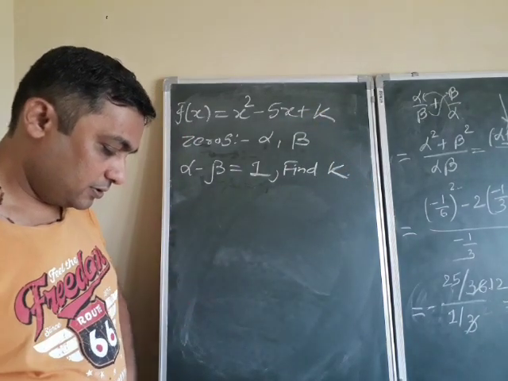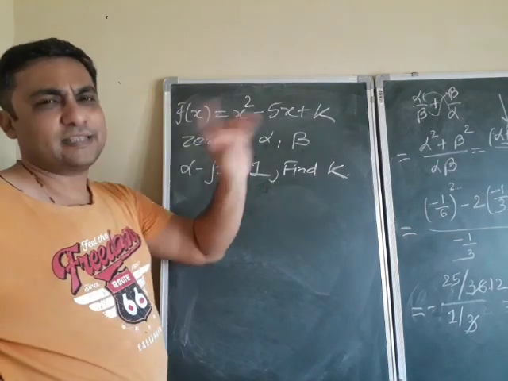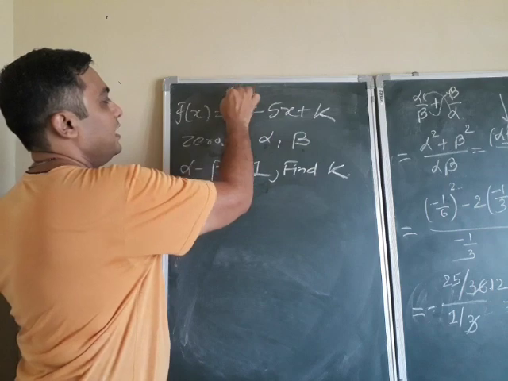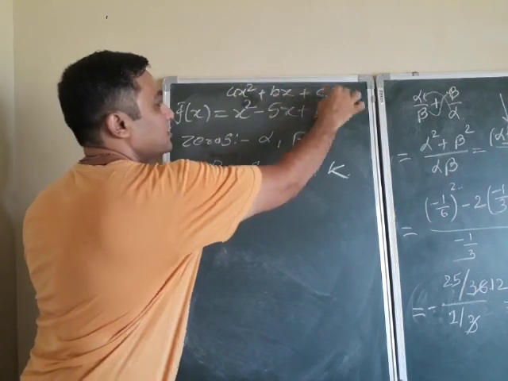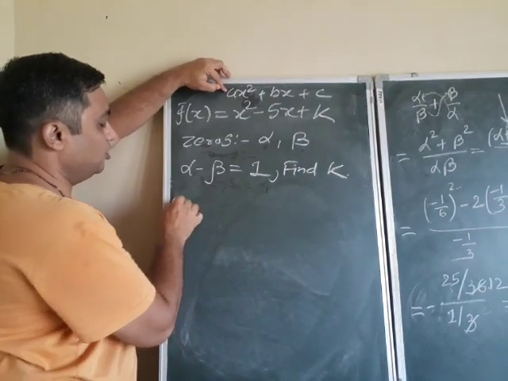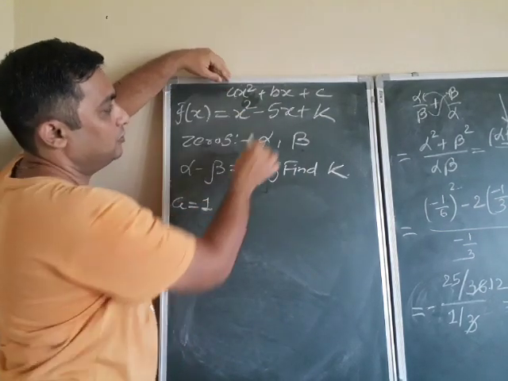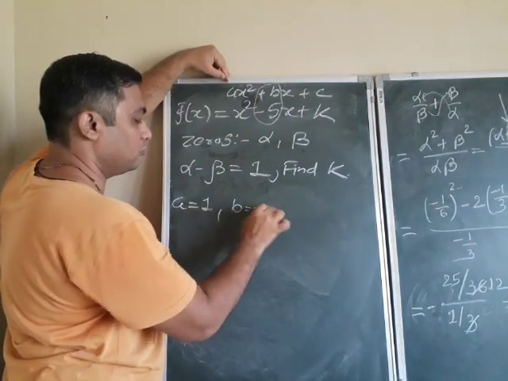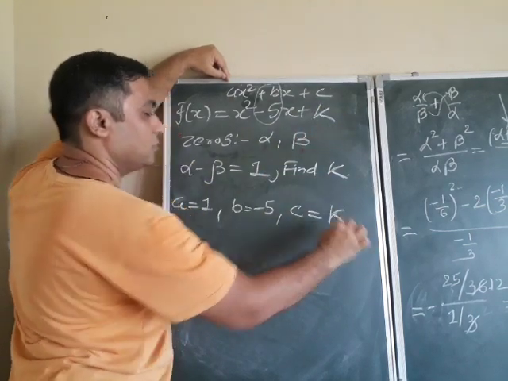Okay, chaliye, ready? See, first we do the same thing. We compare our polynomial with ax square plus bx plus c. So I have the value of a, the coefficient of x square, it is 1. Value of b, minus 5. And value of c, it is k.